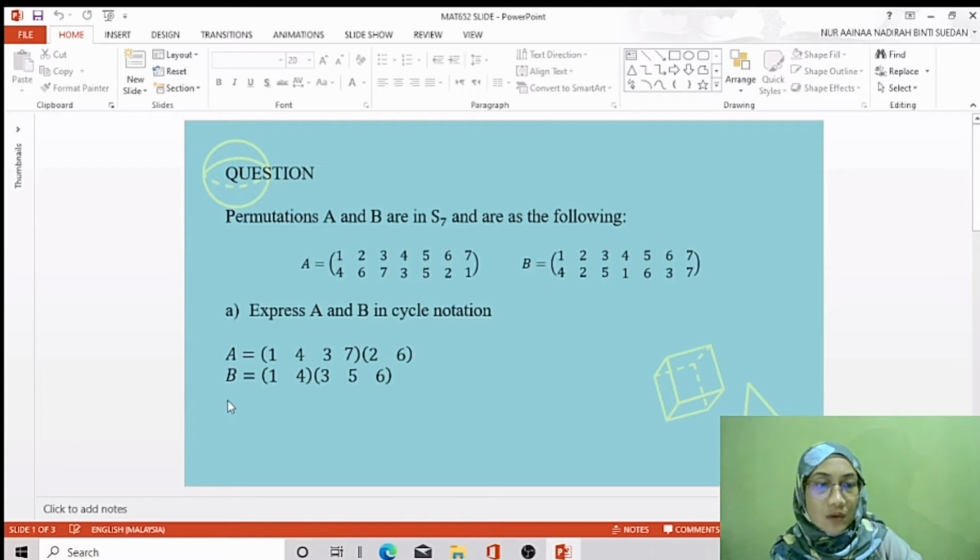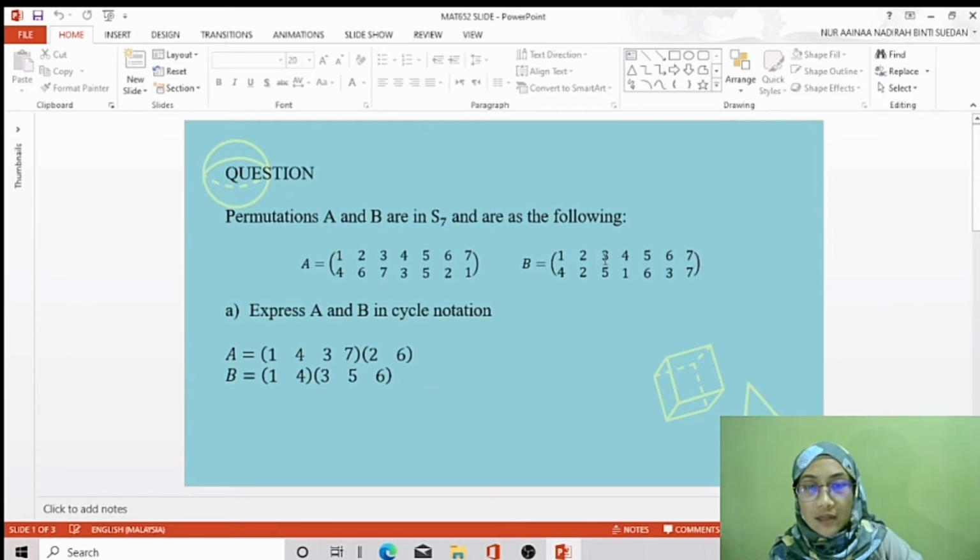So for B, start from 1 to 4, then 4 maps to 1. So it bounces back, so the cycle is (1 4).